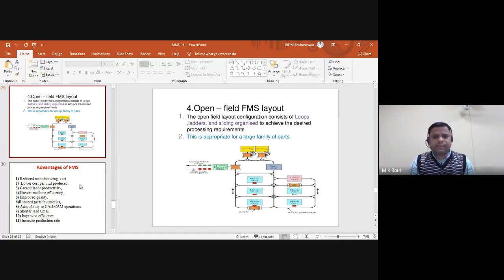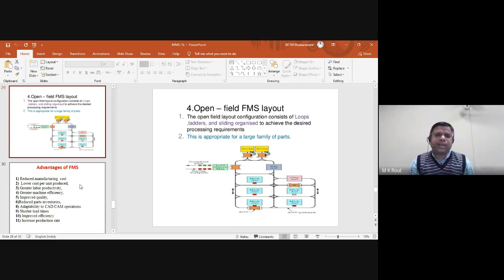As indicated, the red color shows the movement of raw material from one workstation to another, and with the help of automated guided vehicles, it can reach the maximum number of workstations.